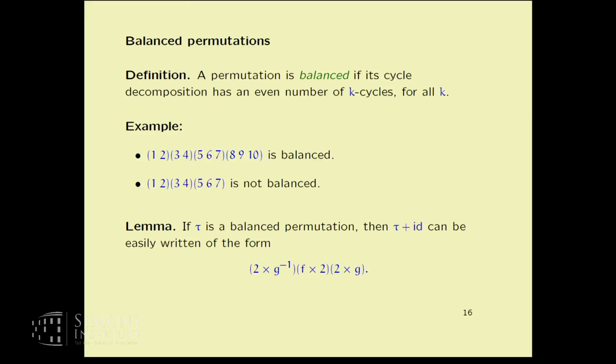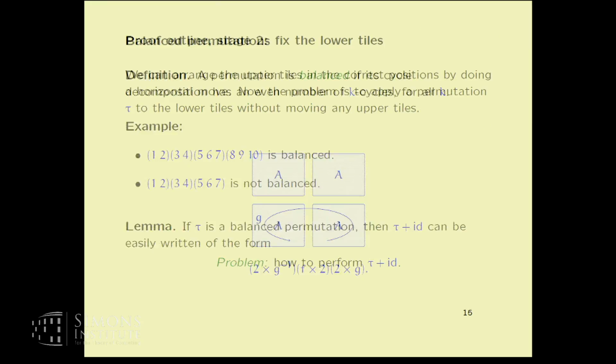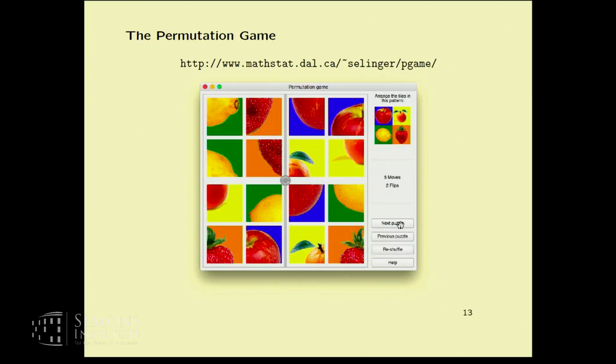And the lemma is that if tau is a balanced permutation, then it can be written in the form of a horizontal move followed by a vertical move followed by a horizontal move. That's relatively easy to imagine. If you had a balanced permutation down here, then you have 2 copies of each cycle, so you just move one of those copies to the left and one of those copies to the right, okay, in matching places.